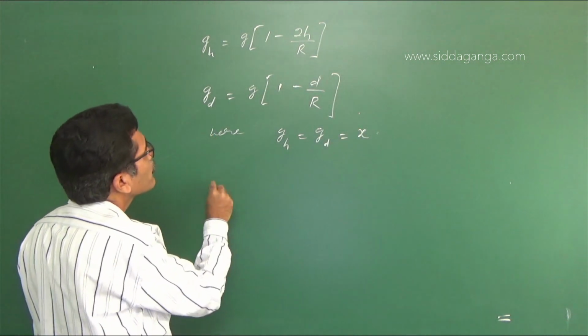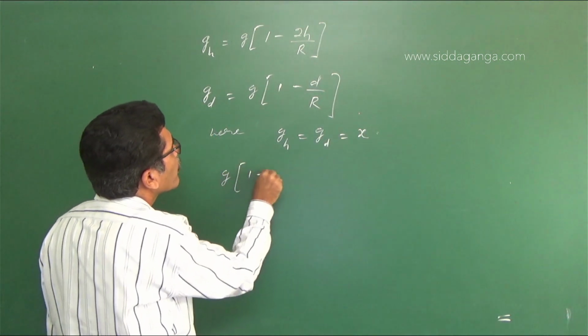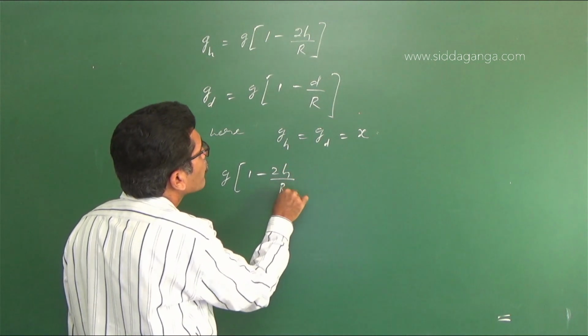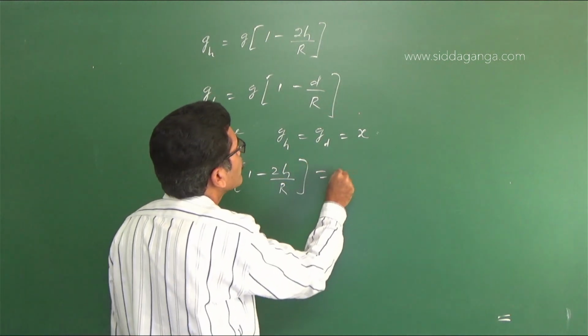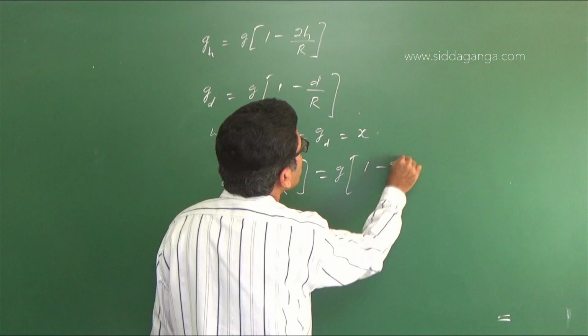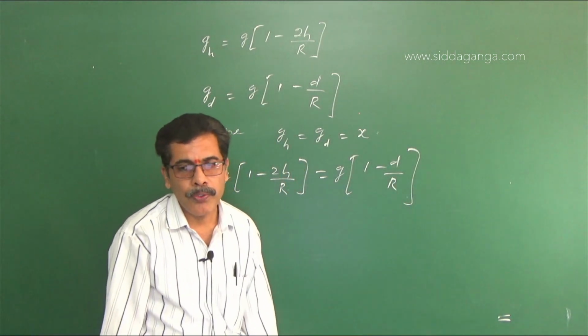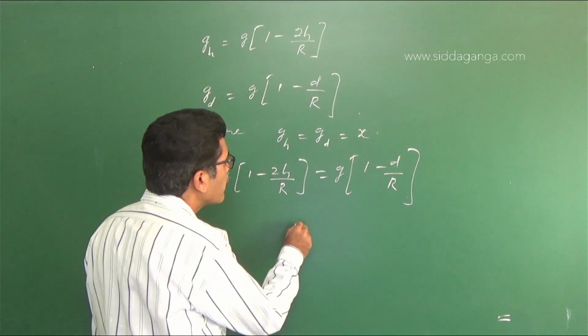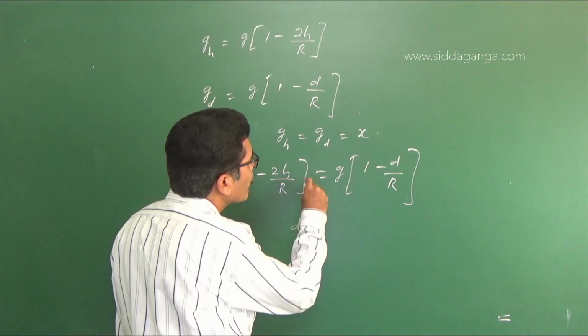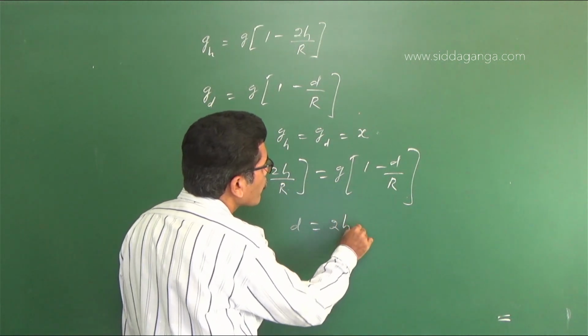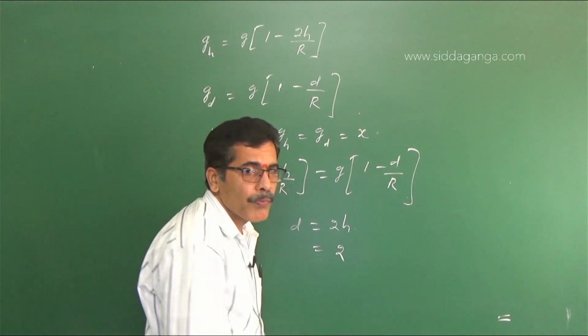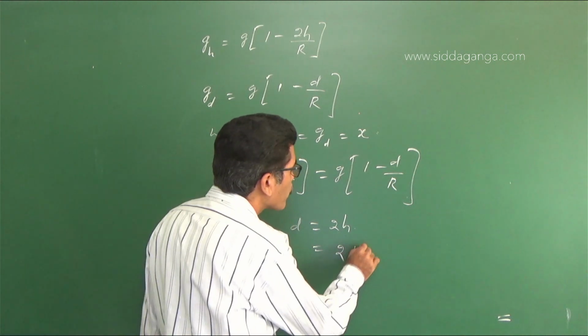So now substitute that: g(1 - 2h/R) = g(1 - d/R). When you compare these two and simplify, you get d = 2h. What is h given? 10 kilometer.